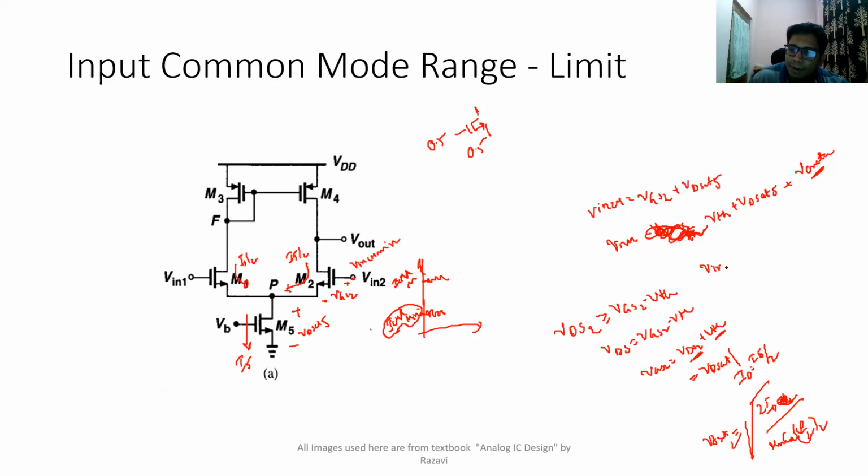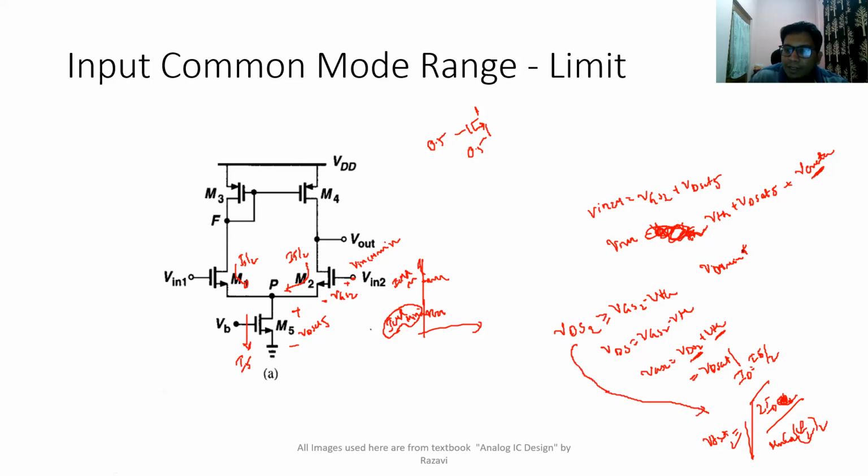V common mode minimum will be saturation voltage plus threshold voltage plus the extra overdrive voltage needed for it to go into saturation, which depends on VDS2.